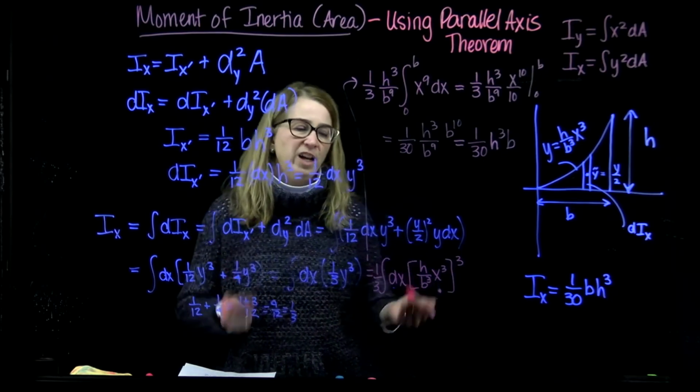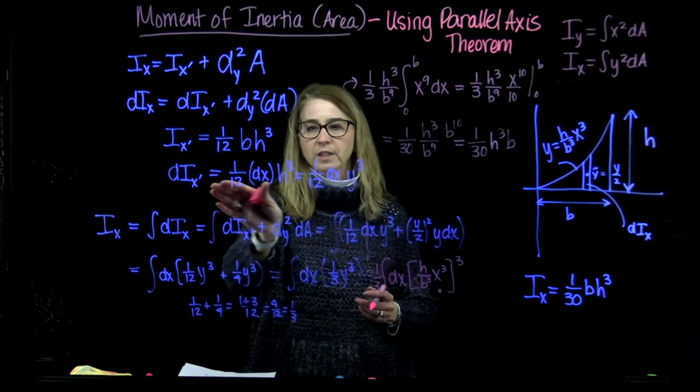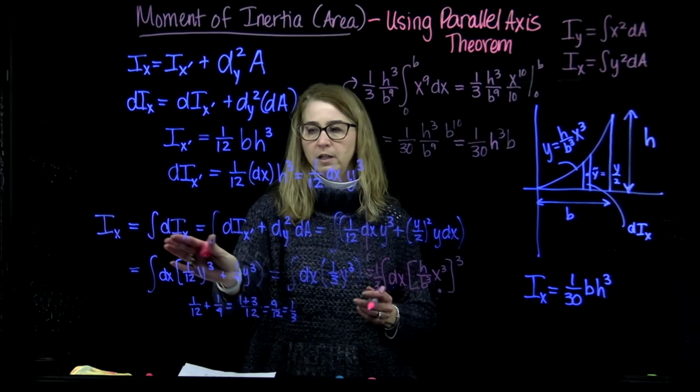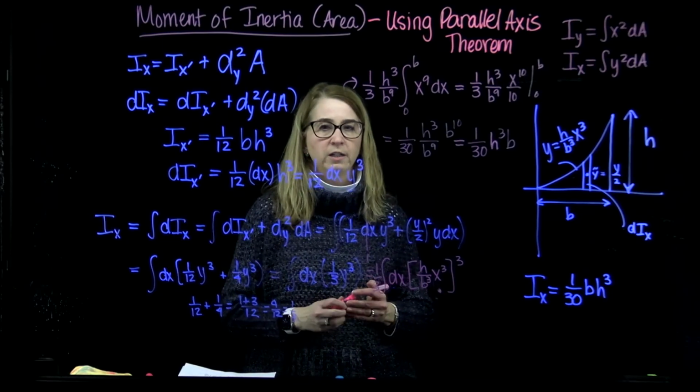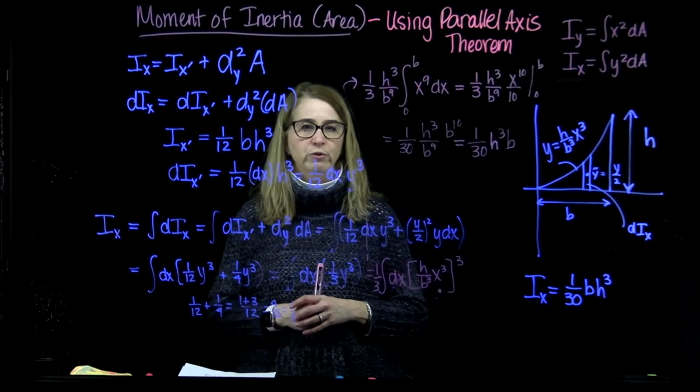But I think you might agree that the math, once I figured out how to write the increment of the moment of inertia, then the integration was a little bit easier and more straightforward.